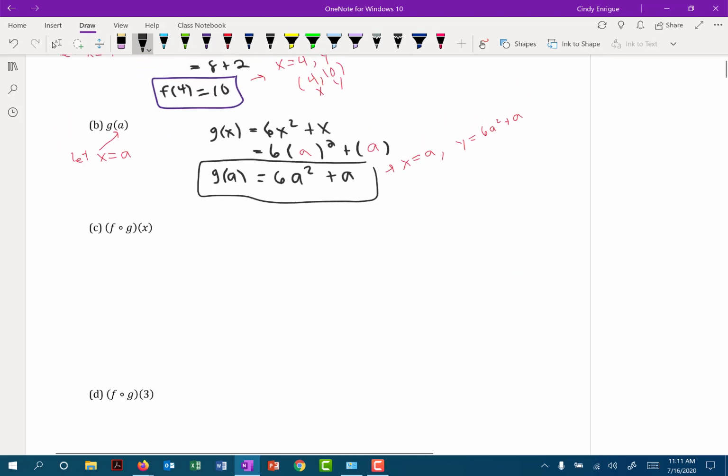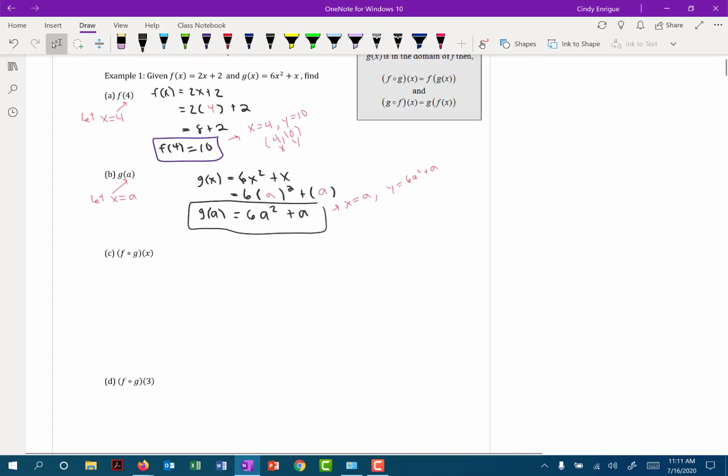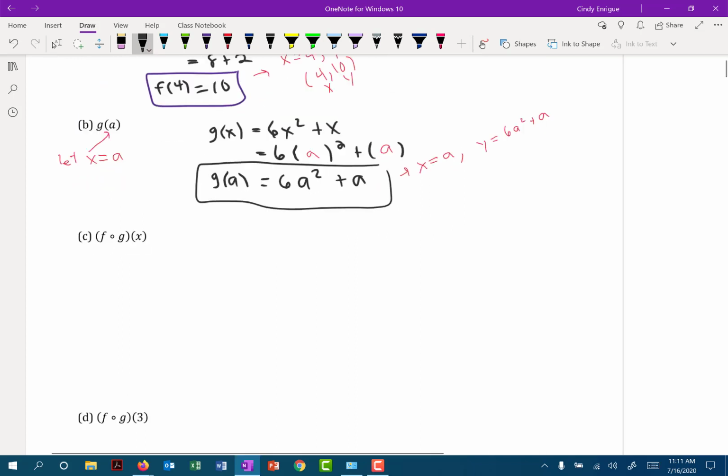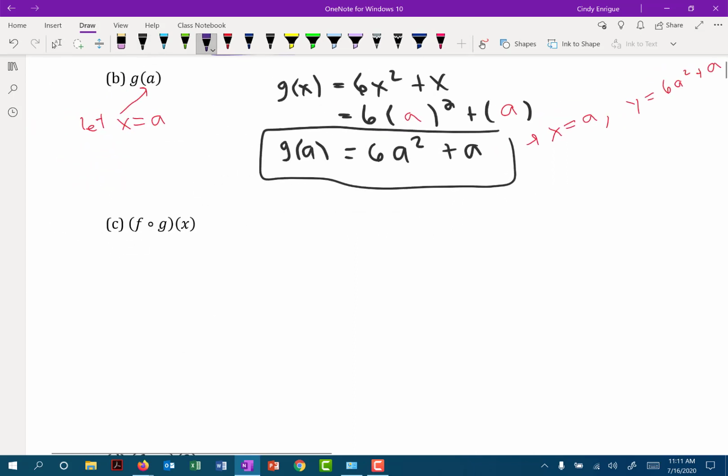We're going to take that same idea, but now we're going to do composition of functions. Now we're going to plug an entire function into the other function. Here I have f composed with g. This is really saying that I have my function f, and inside of it I'm going to plug in my function g of x.